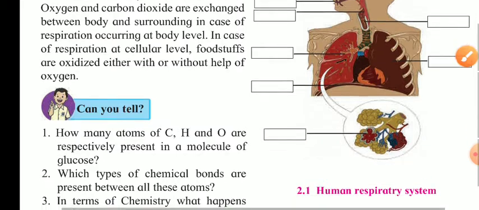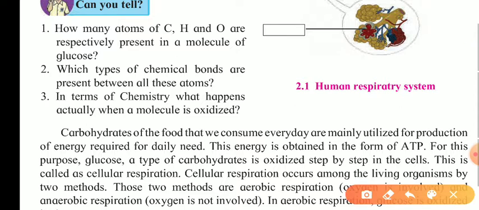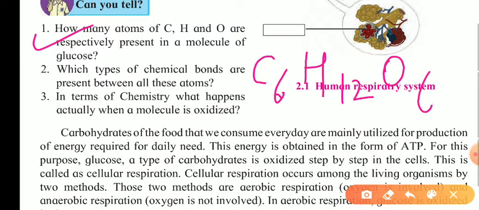Now the next part, when we talk about glucose, they have asked one question which is important from the exam point of view: how many atoms of carbon, hydrogen and oxygen are respectively present in a molecule of glucose? The formula for the glucose molecule is C6H12O6.